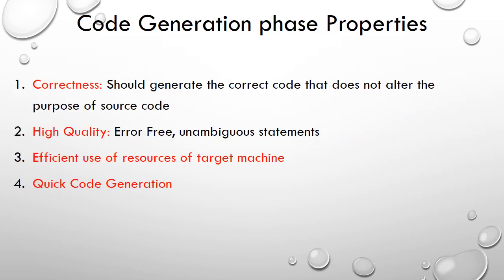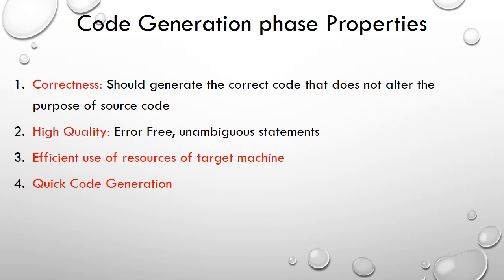The code generation phase of any compiler should adhere to certain properties. First one is correctness. Correctness means there is a certain meaning or purpose of the source code that has been written.